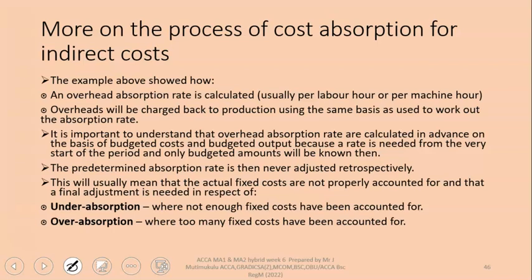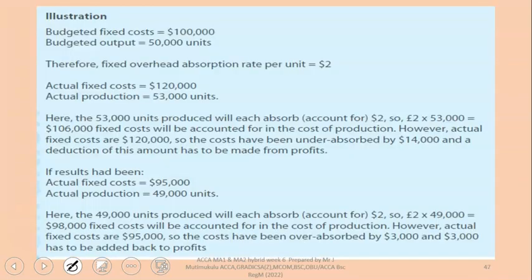This will usually mean that the actual fixed costs are not properly accounted for, and that a final adjustment is needed in respect of under absorption, when not enough fixed costs have been accounted for, or over absorption, where too many fixed costs have been accounted for. You have this information with you.